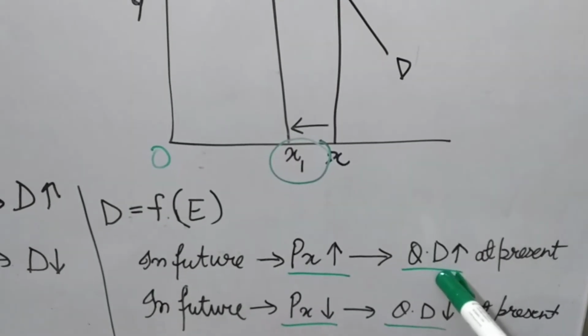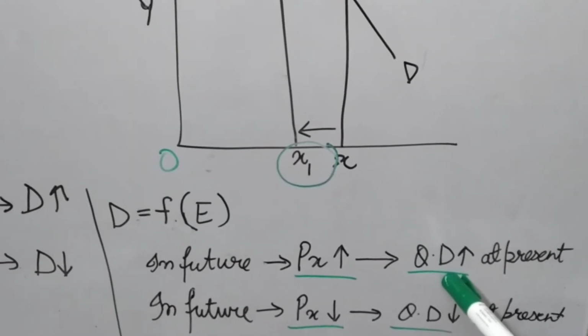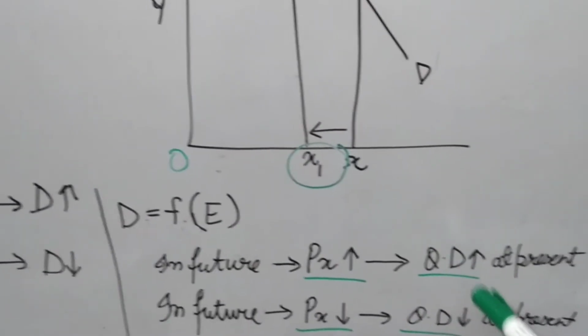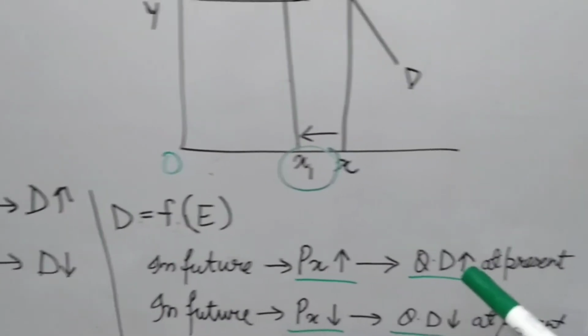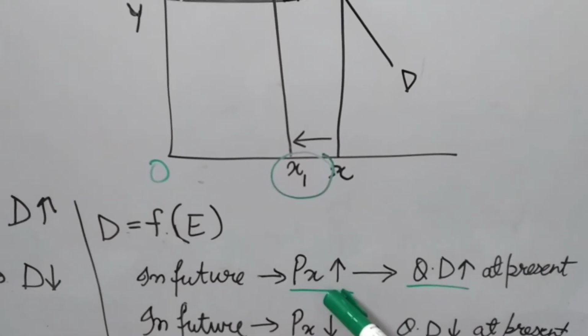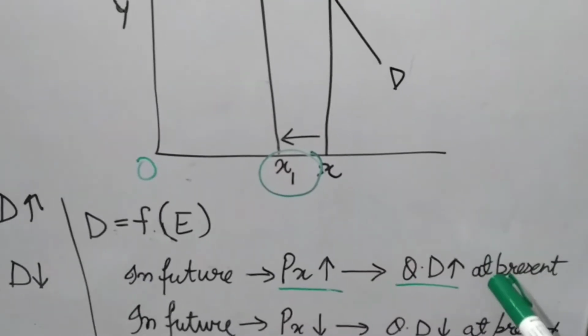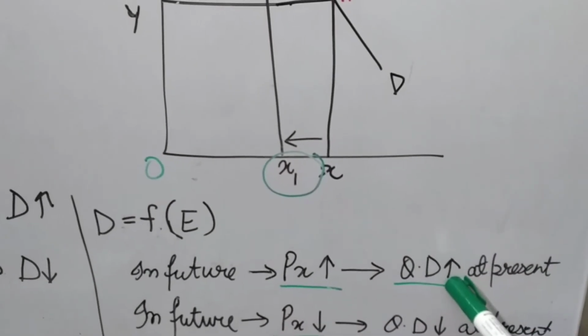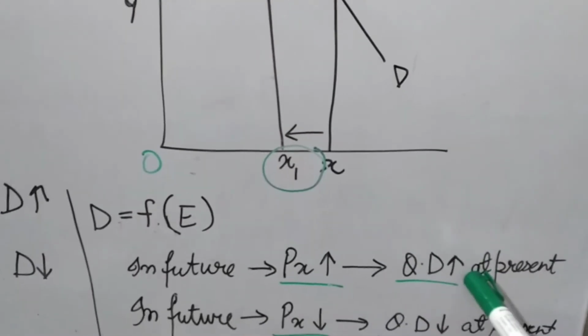The reason is that in the future the commodity will be available at higher prices, higher than the existing price. Because of that, if he expects the price to increase, at present he will increase the consumption and the quantity demanded. So a positive relationship is there.